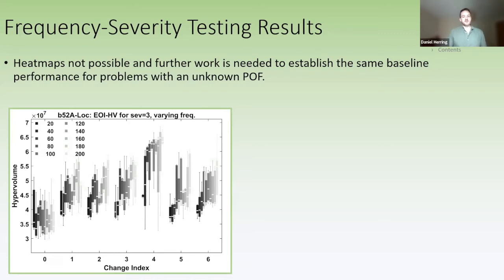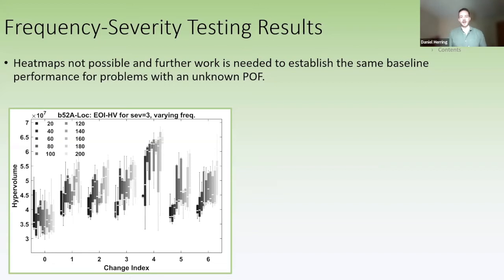Each of the different shades of gray indicates a different frequency between the same change events indicated by the indexes on the x-axis. The darkest gray measurements are taken after 20 generations and the lightest after 200 generations. Effectively, the lighter the shade of gray, the more time the algorithm has had to find better solutions. So we expect the hypervolume measurement to be higher for the lighter gray than for the darker gray.